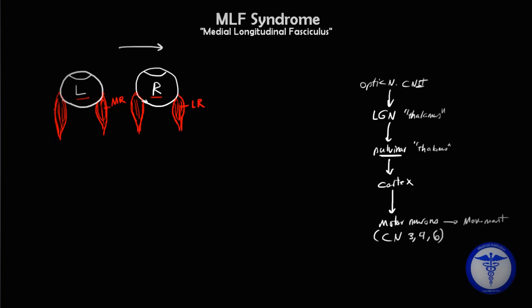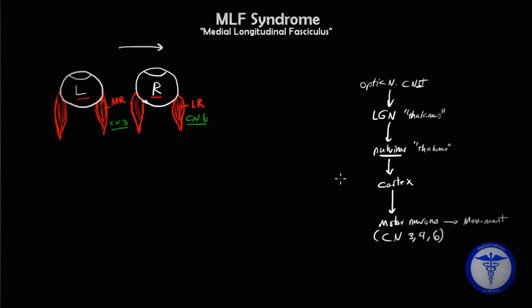Now the thing here is that both these muscles are innervated by different cranial nerves. Lateral rectus is innervated by cranial nerve 6 and medial rectus is innervated by cranial nerve 3. Okay, so how are we going to get both eyes to look in the same direction? This is how it happens.